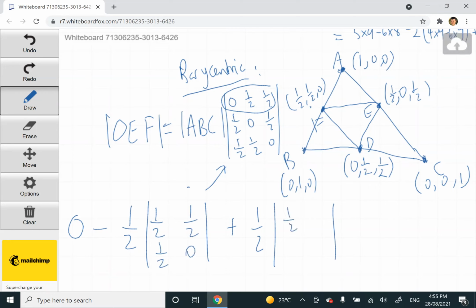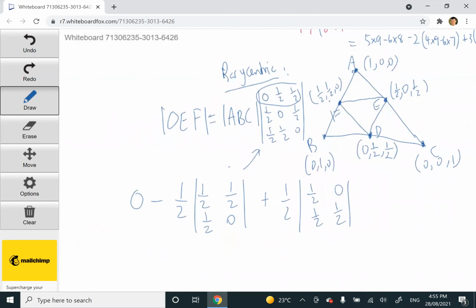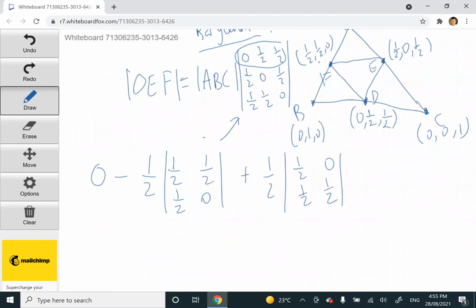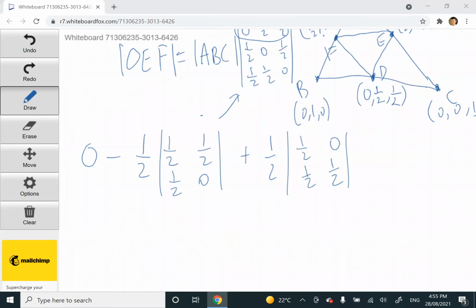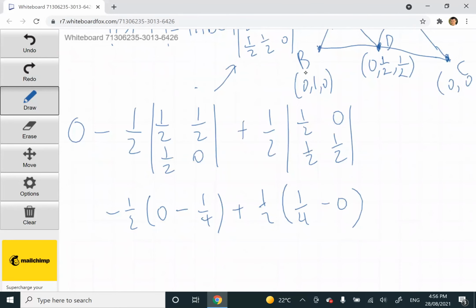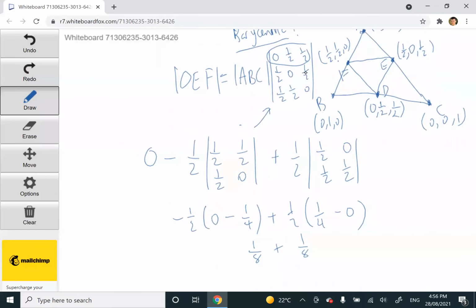This one is half, 0, half, half. So this is minus a half outside of 0 minus a quarter, plus a half outside of a quarter minus 0. No. This is 1 on 8 plus 1 on 8. That's 1 on 4.